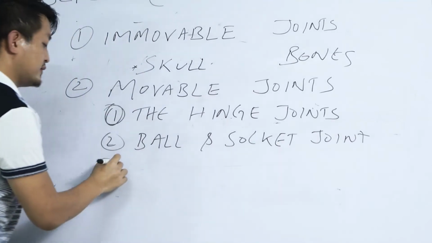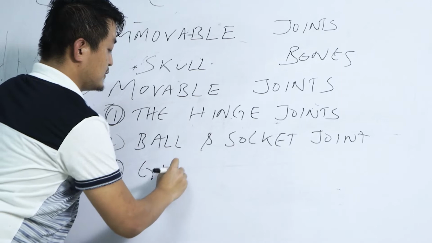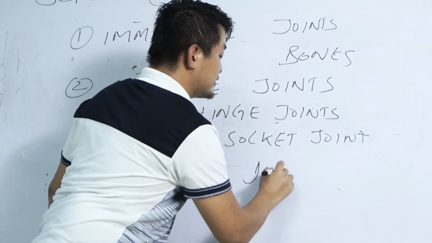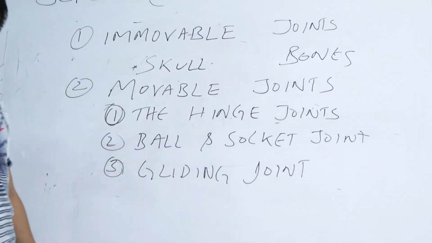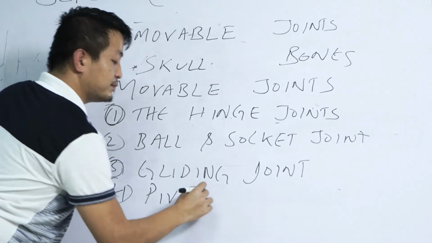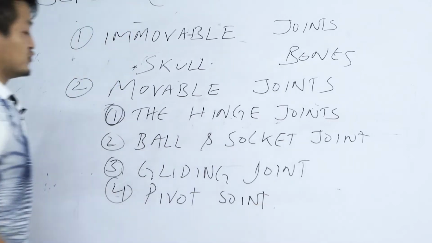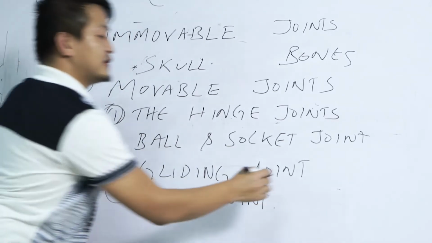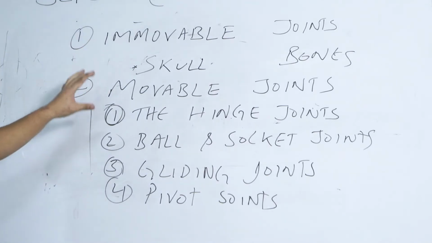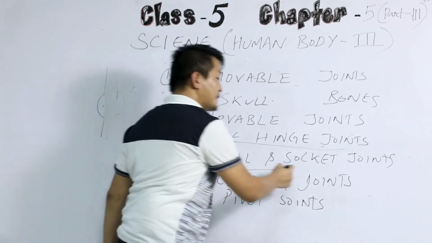The third one is the gliding joint. And the fourth, the last one, is the pivot joint. These are the 4 types of joints under the movable joints. This is very important, so you have to get familiar with all the names.